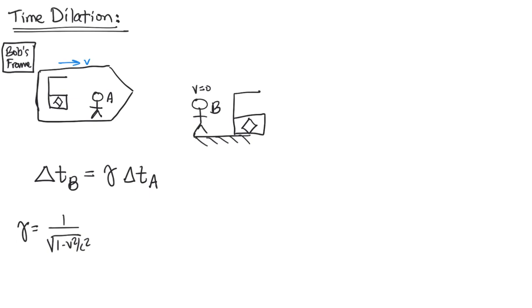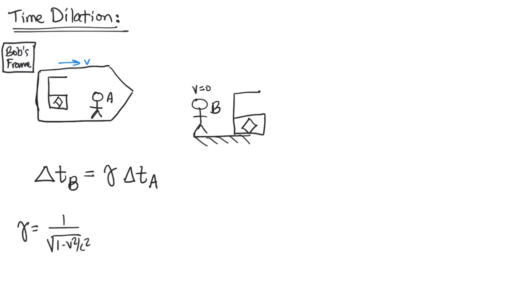And the logic would be the same, and the derivation would be the same, including the Pythagorean theorem and so on. So we have to be careful when we look at this equation. It's not that Bob's clock is always going to tick more than Alice's clock. The important piece here is not which person is Bob and which person Alice. The important thing is which clock is at rest in this frame and which clock is moving in this frame.